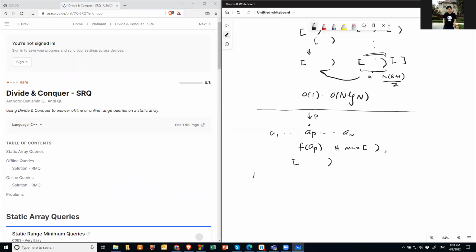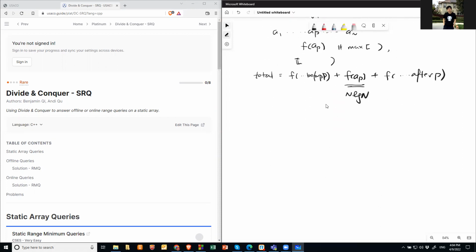So then the total intervals is my F of everything before P, plus this F at that P, plus F of those after P. Because F of P is defined by all the intervals that contain P. Right? So if I can prove this is n log n, the whole thing will be n log n. How do I prove this?